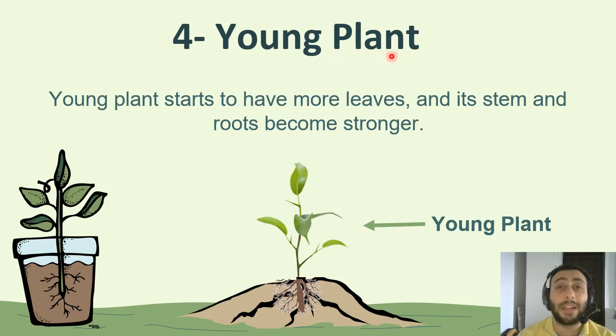Young plant starts to have more leaves. Yeah, see, 1, 2, 3, 4, 5, more leaves. And its stem and roots become stronger. Yes, look, the stem looks bigger. The roots look stronger.